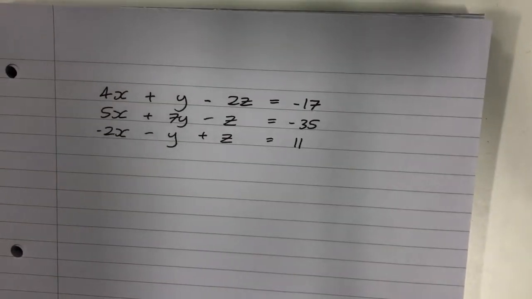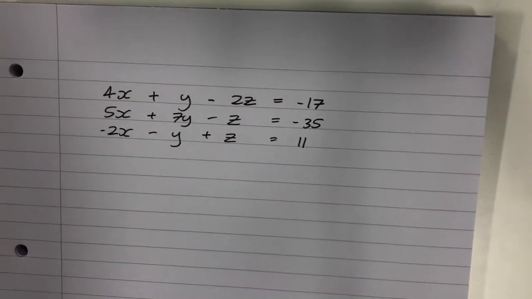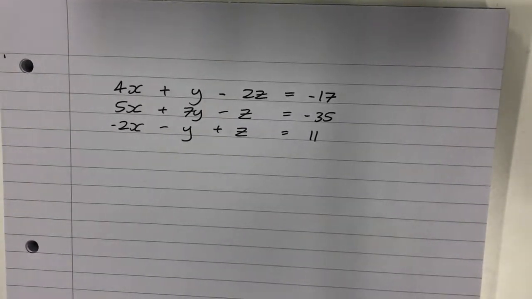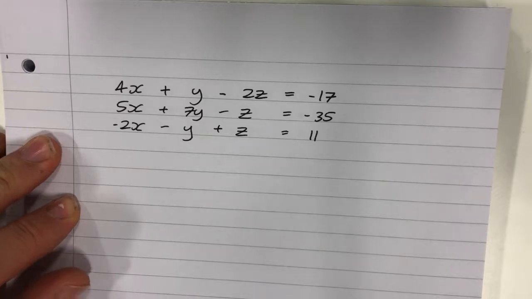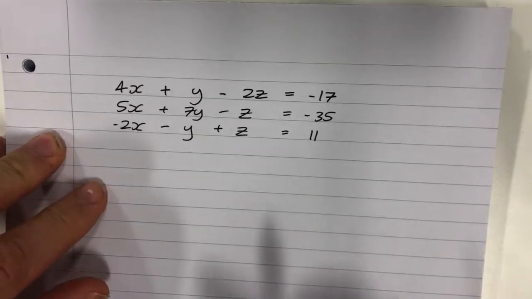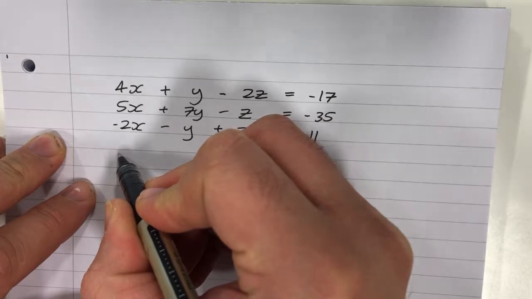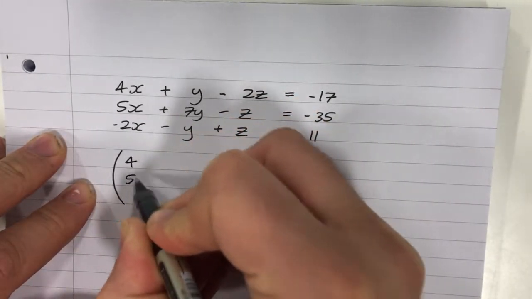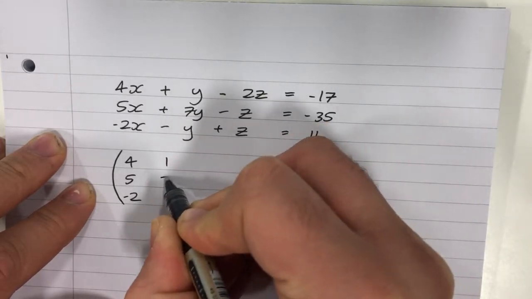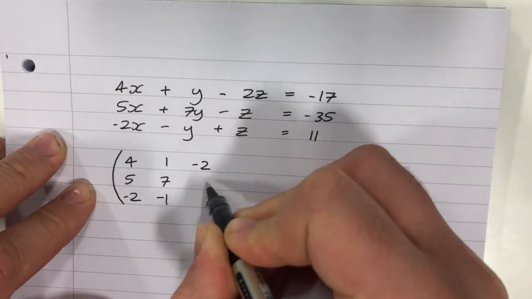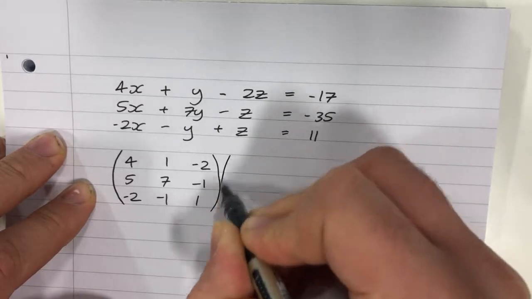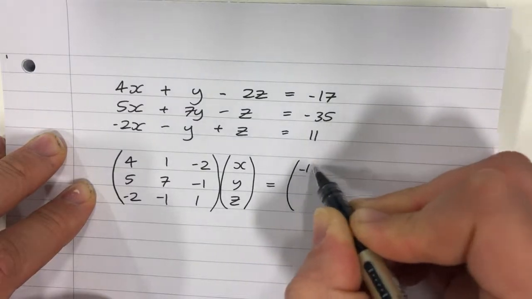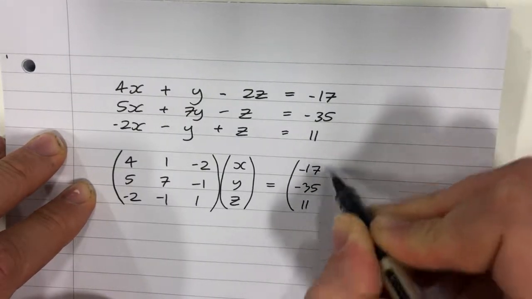So let's have a look at finding solutions. So typically, as I said, planes will intersect in 3D space at a single point, and this is exactly one of those situations. Now, if you have seen my previous video, then I can just state the inverse of the matrix, which I'm about to show you, because that is going to be necessary. So 1, x, y, z equals minus 17, minus 35, 11.